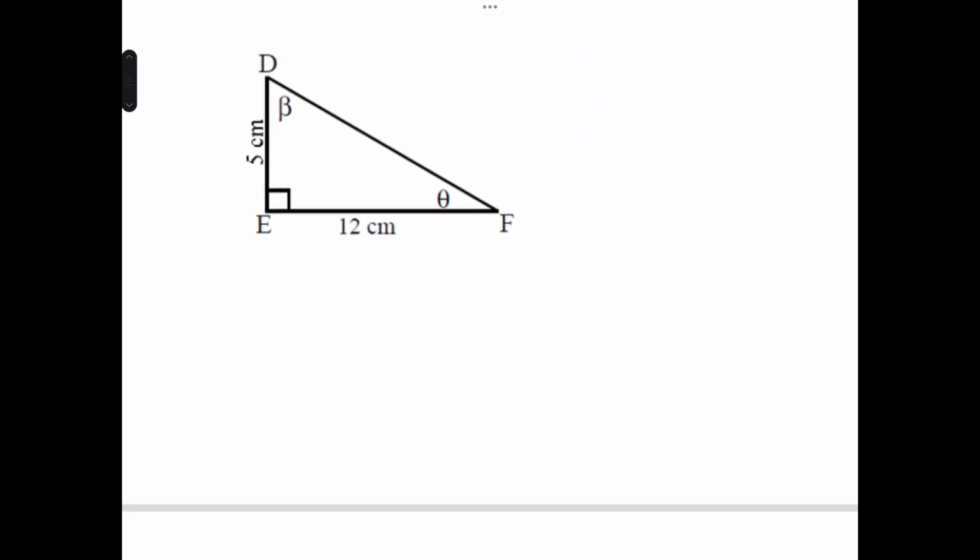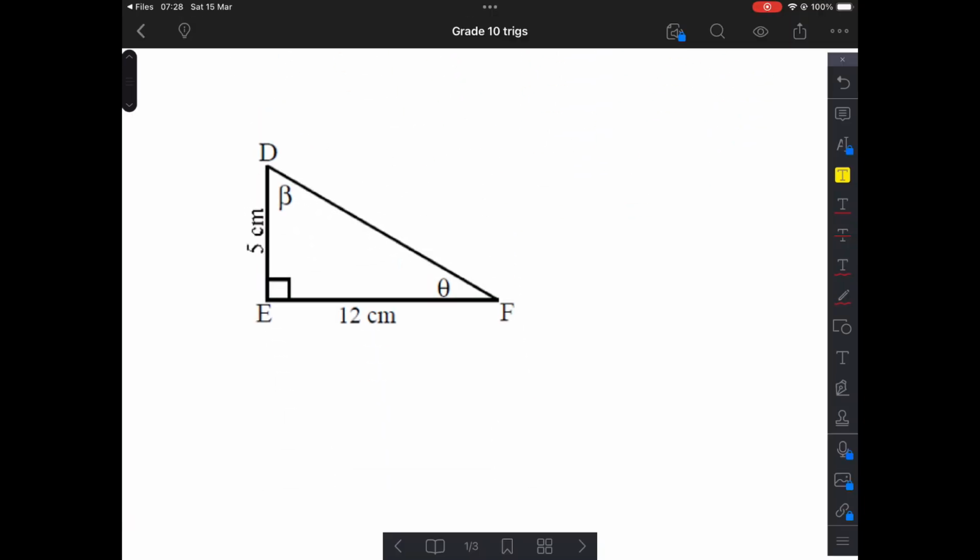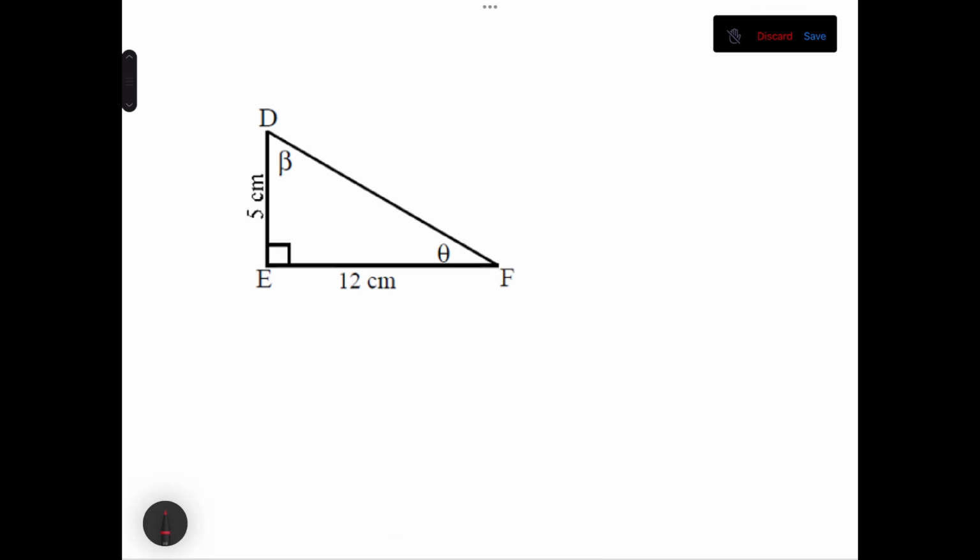Let's use the information that we've just learned in this problem that we have here. We have our 90-degree angle, which means this is a right angle triangle, and we want to calculate the length of DF.